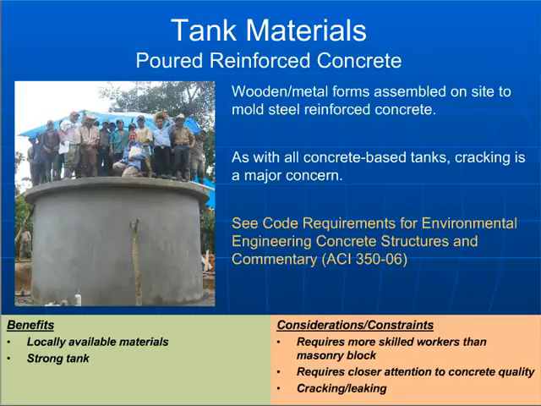The other really important thing to point out here is that a lot of chapters tried to use ACI 318 as a concrete code in order to come up with design provisions for these tanks.